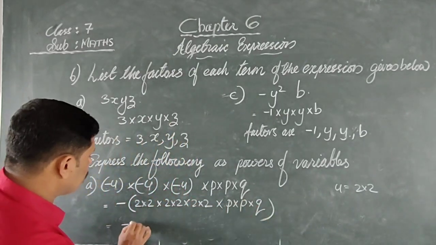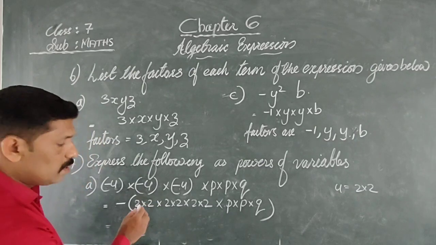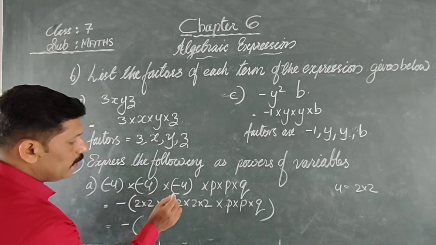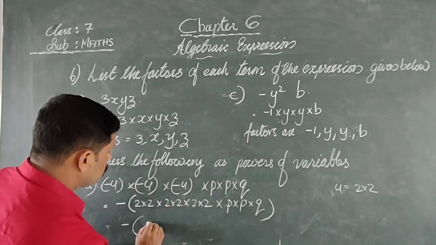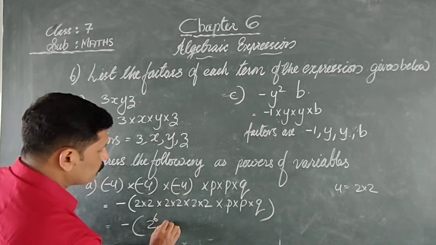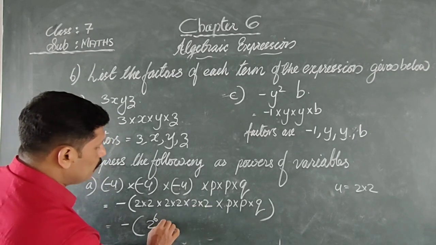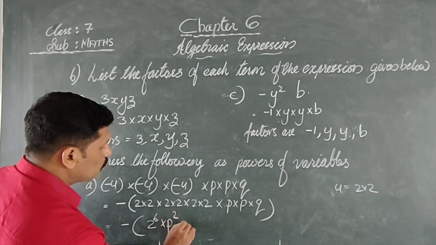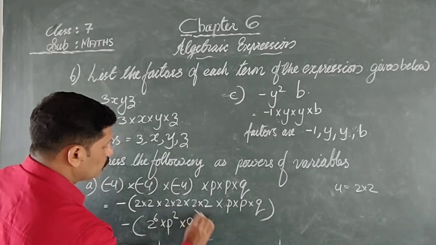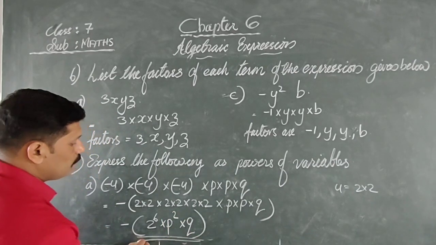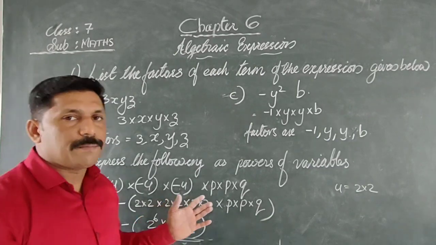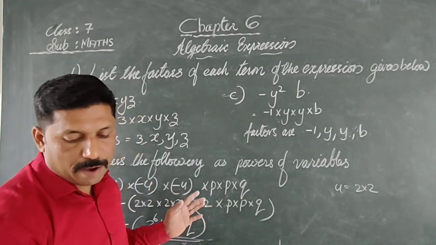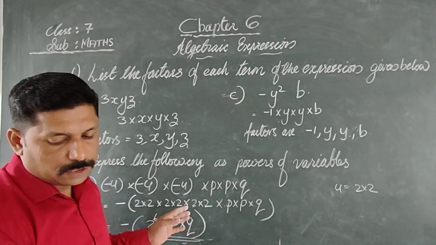So here we write negative into 2, how many times? 1, 2, 3, 4, 5 and 6. So 2 power 6, then into p power 2 into q. This is how we have expressed this number in the form of power of a variable.